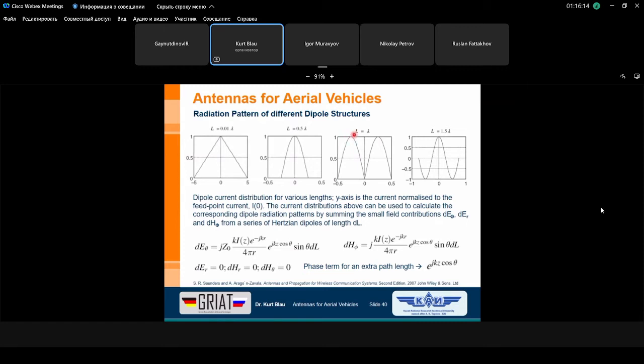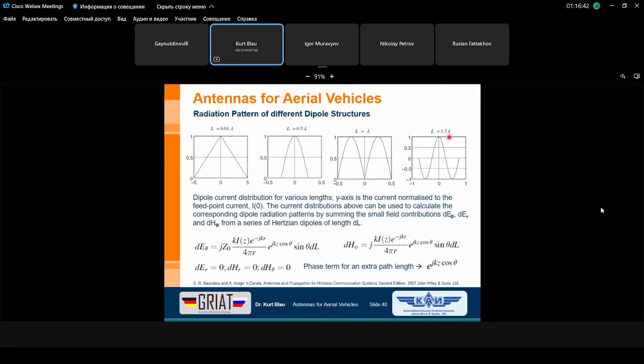And here, this is a half wavelength, and this is in principle what I have mentioned. If the length of the dipole is one wavelength, then we have, because of the current distribution, these two parts. One part is a half wavelength dipole, starts at the beginning, peaks in the middle, and then the other part. And now it's twice the length, so we have twice these values.